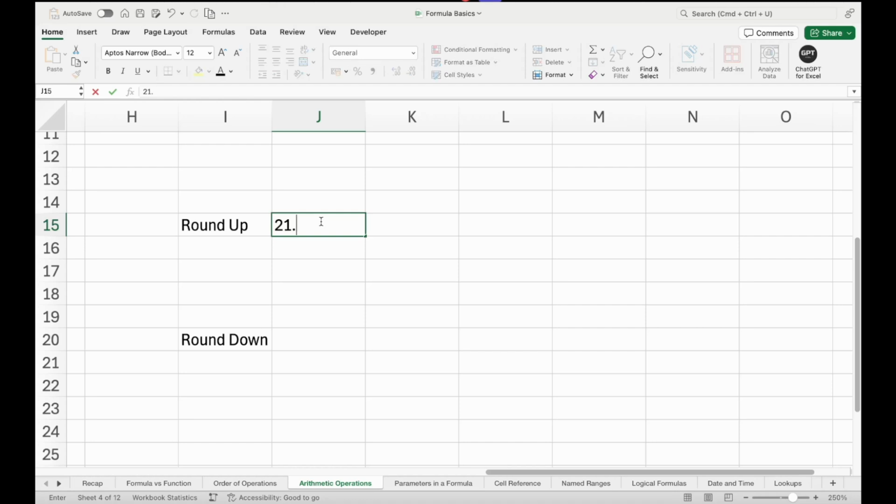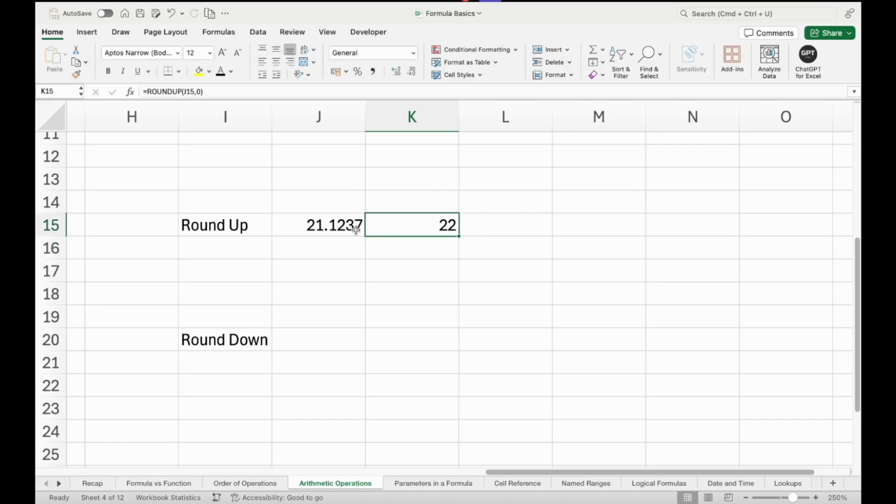I have 21.123 and then let's say 7. If I want to round it up, just like normal, from 21 to 22, I'll simply say 0. So it will take that integer itself.